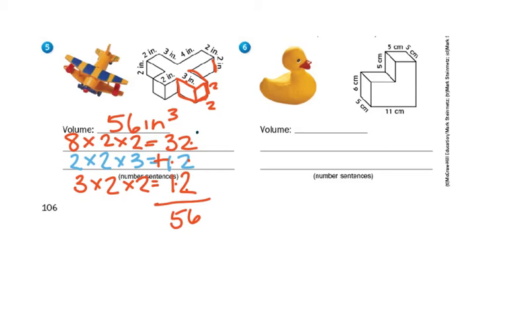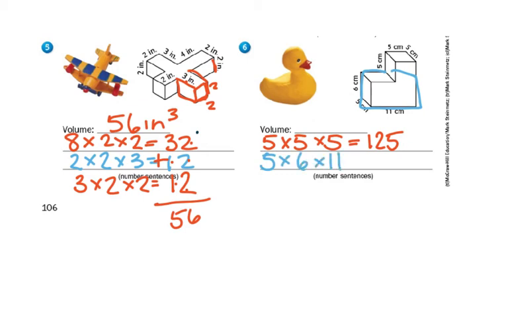And lastly, the duck. We're going to treat it again as 2 separate volumes and then add them together. So the head part of it, that smaller one, would be 5 times 5 times 5. And 5 times 5 times 5 is 125. Then the bottom portion, this part, would be 5 times 6 times 11.